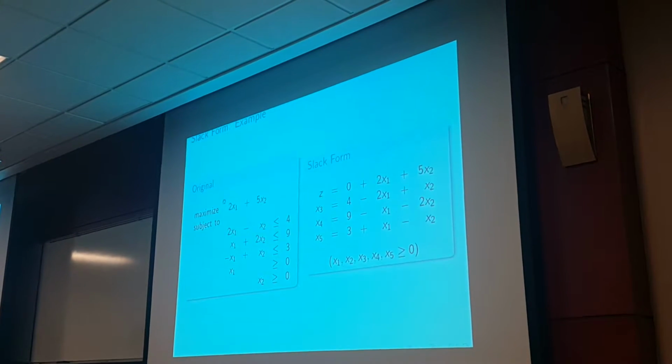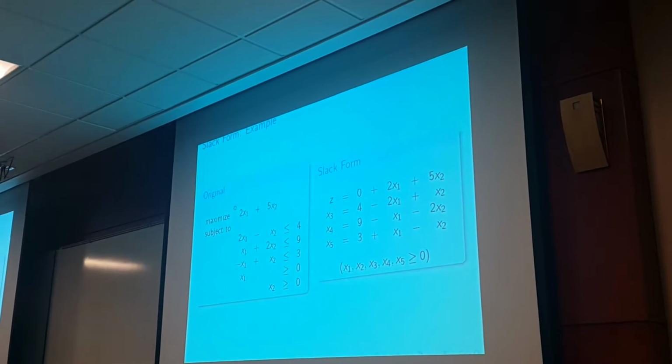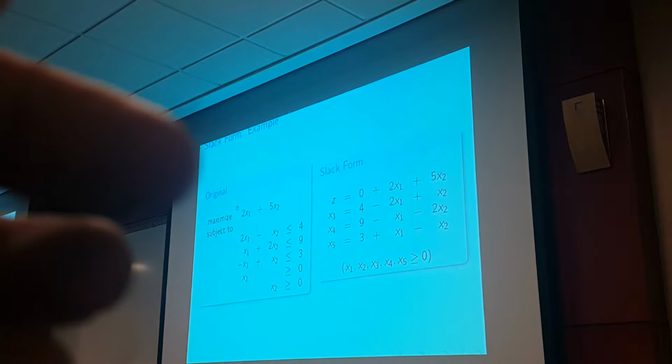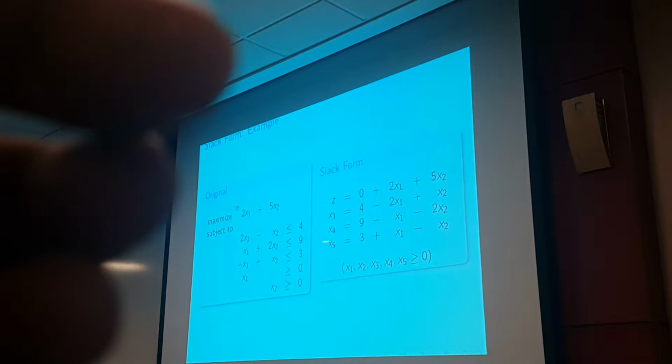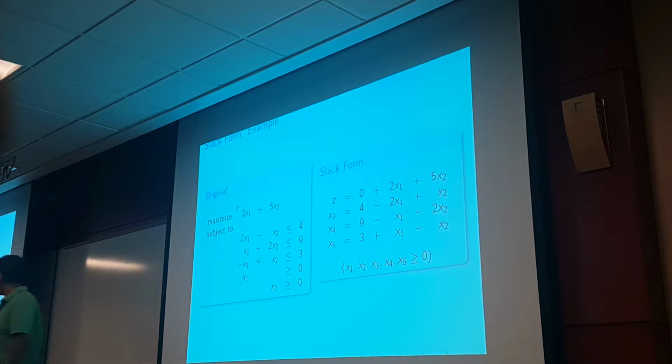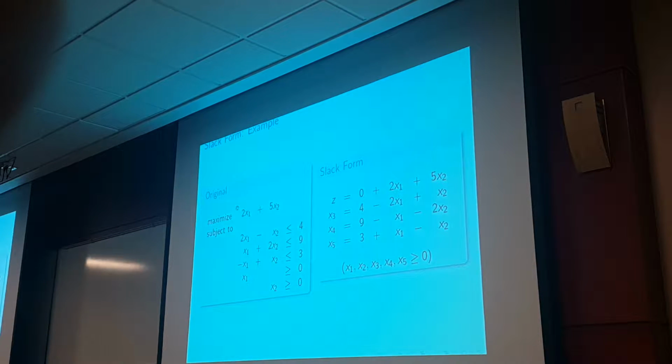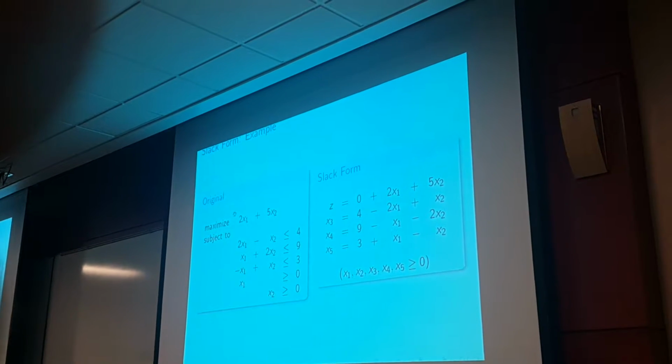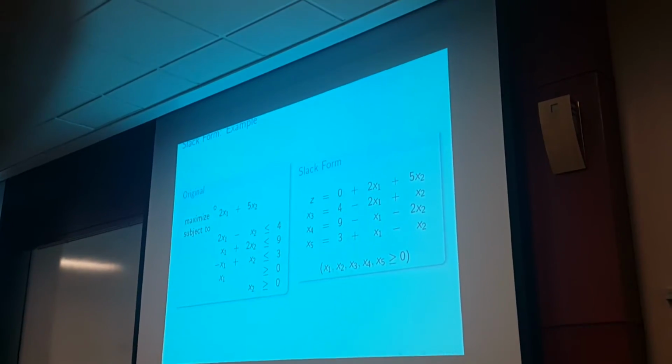And here's the example we saw the other day. Here's the original problem, and here it is in slack form. What you can see is I've written this in the format that I'm going to like.